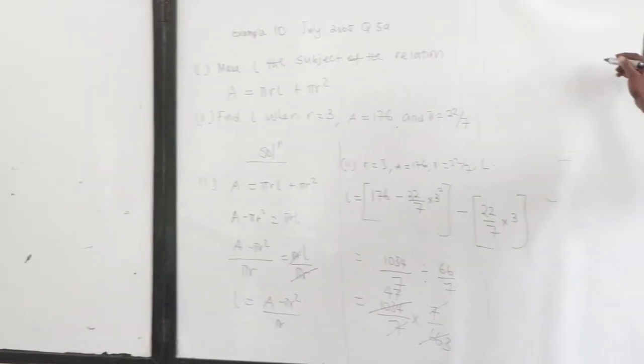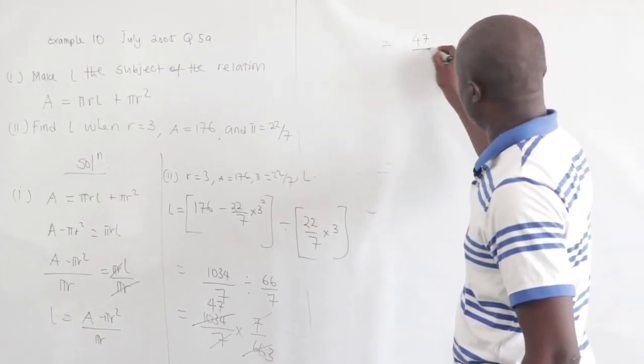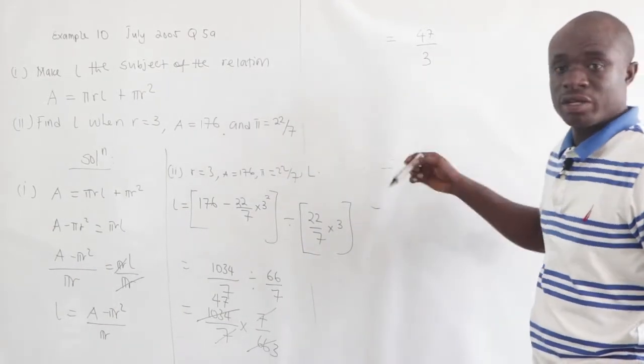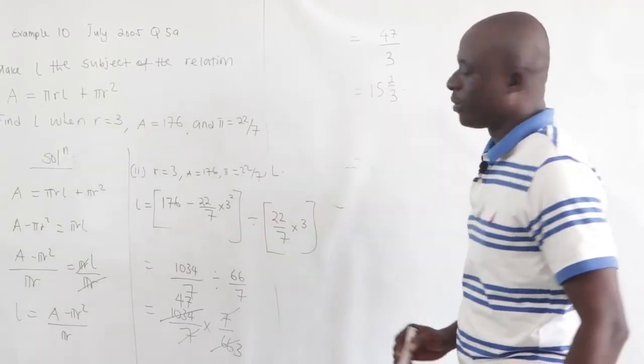So we have our answer to be 47 all over 3. Now how many times? 3 going into 47, that's 15 times. So you have 15 whole number 2 over 3.